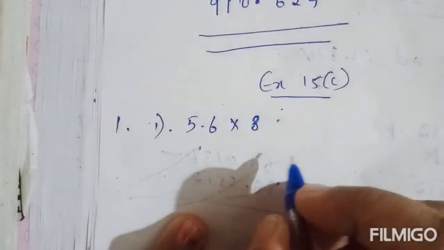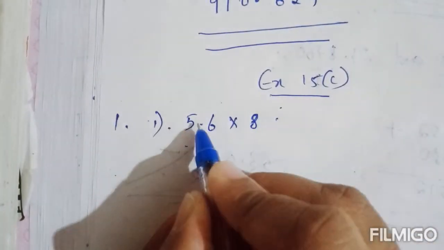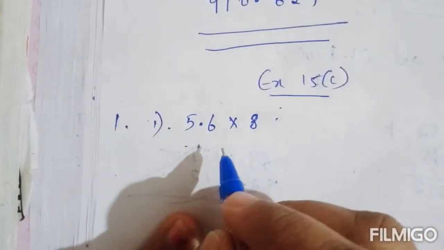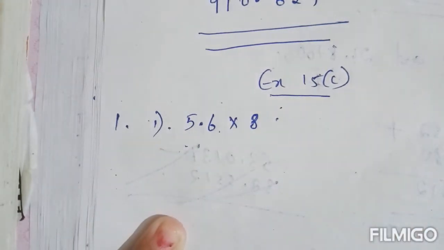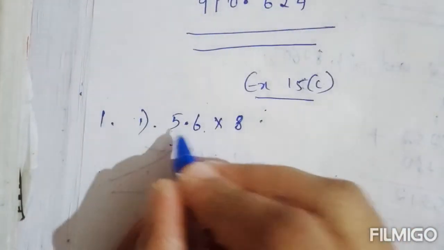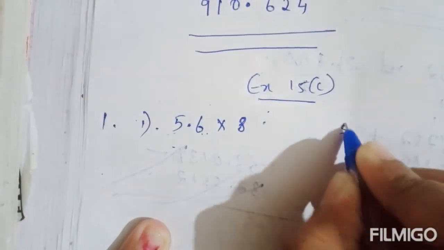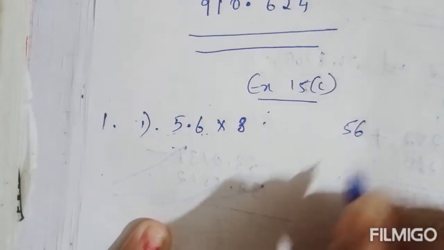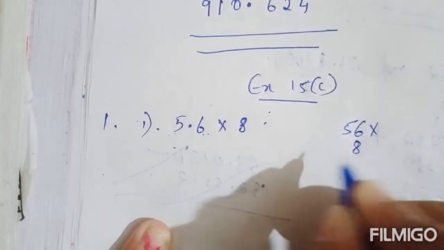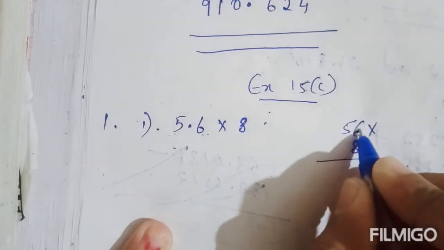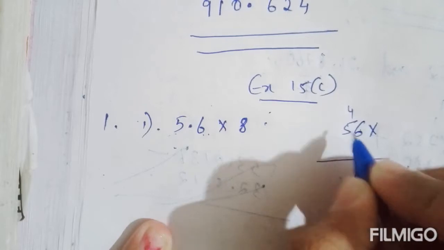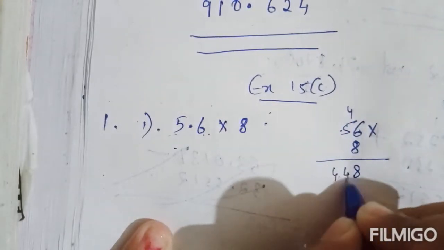In order to multiply, first take the decimal fraction without the decimal point. That is 5.6 without decimal point, it will be 56. 56 into 8, first you find that answer. 6 into 8, 48. 8 into 5, 40, plus 4, 44.